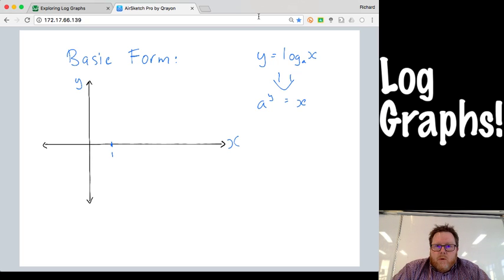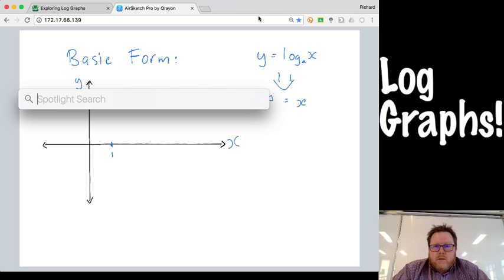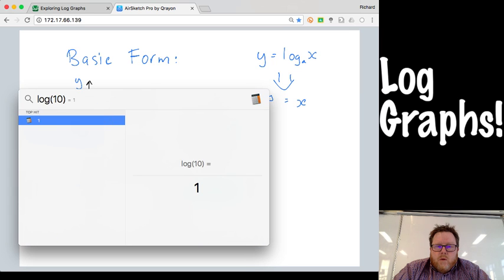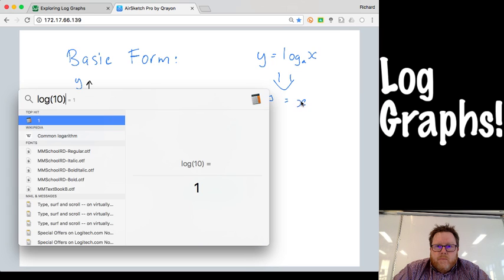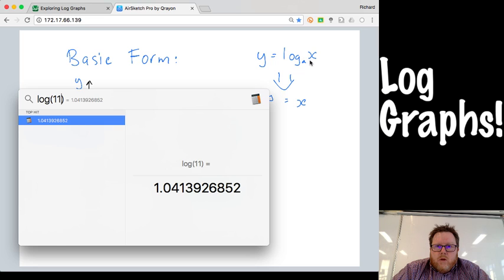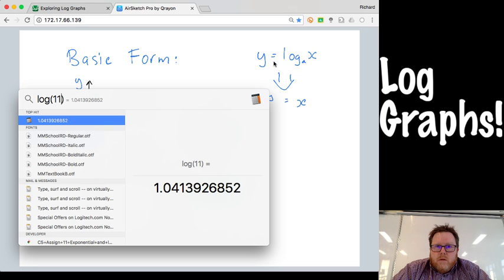What do I mean by that? Well, let's assume it's log base 10. If I have the log of 10, we know that's equal to 1. So when x equals 10, y equals 1. If I go just 1 unit along, the log of 11 is 1.04, it's only a tiny bit more.